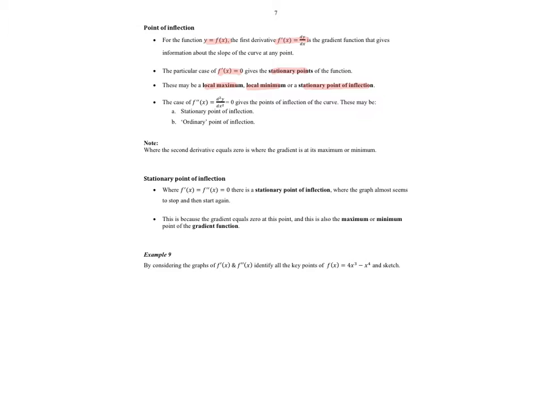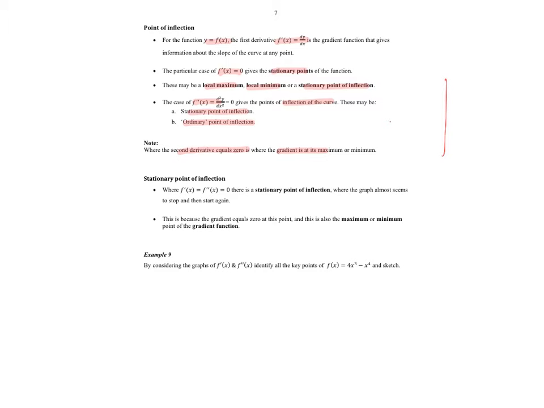All right, if the second derivative is equal to 0, this gives us a point of inflection of the curve. Now, this could be a stationary point of inflection or an ordinary point of inflection. So I guess what we're thinking about is the second derivative equals 0 means the gradient is at its maximum or minimum.